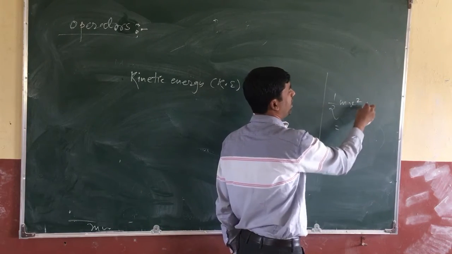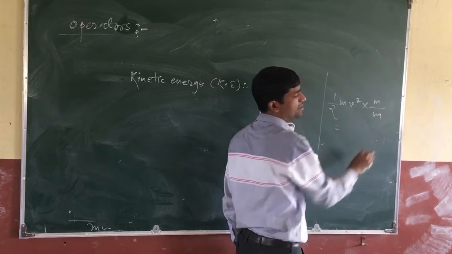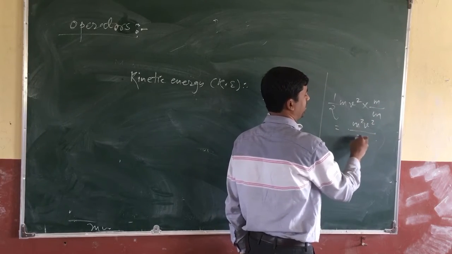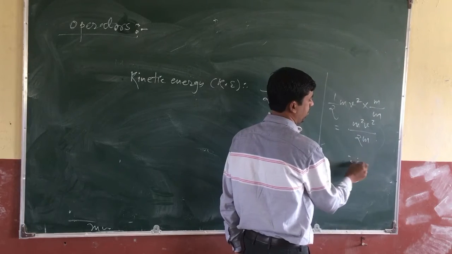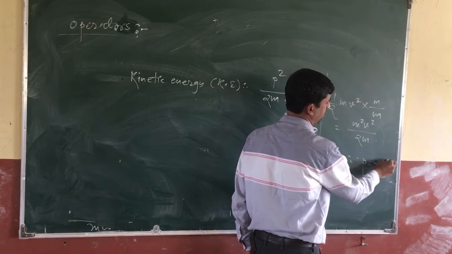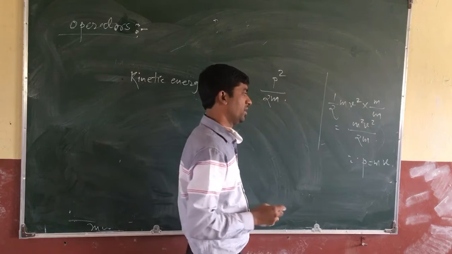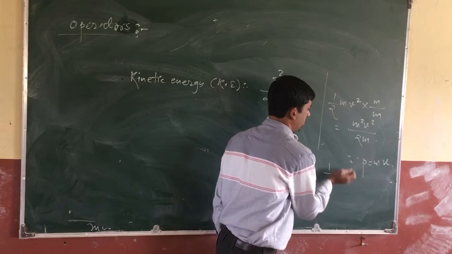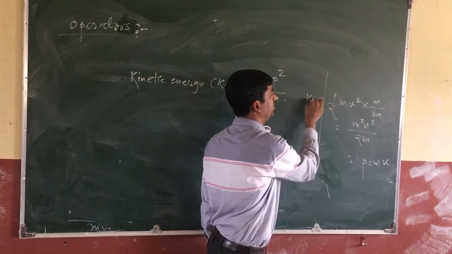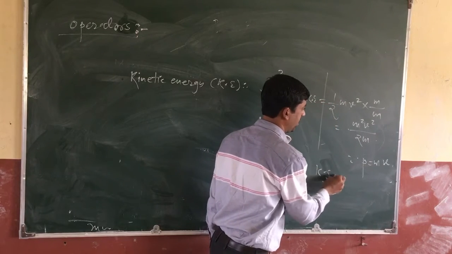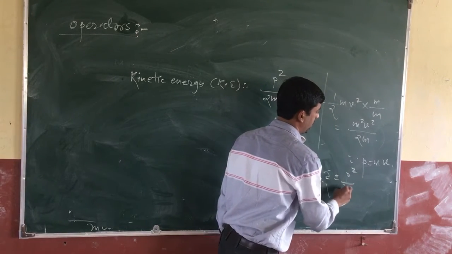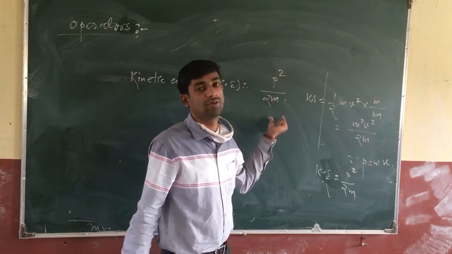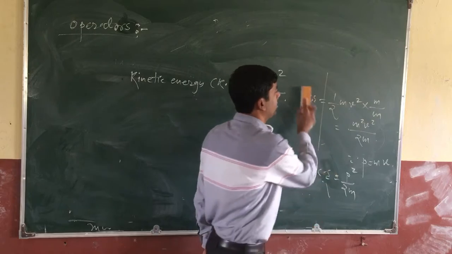You can multiply m in the numerator as well as the denominator, and this will be m square v square divided by twice m. But momentum is the product of mass and velocity. So kinetic energy can be written as P square divided by twice m.